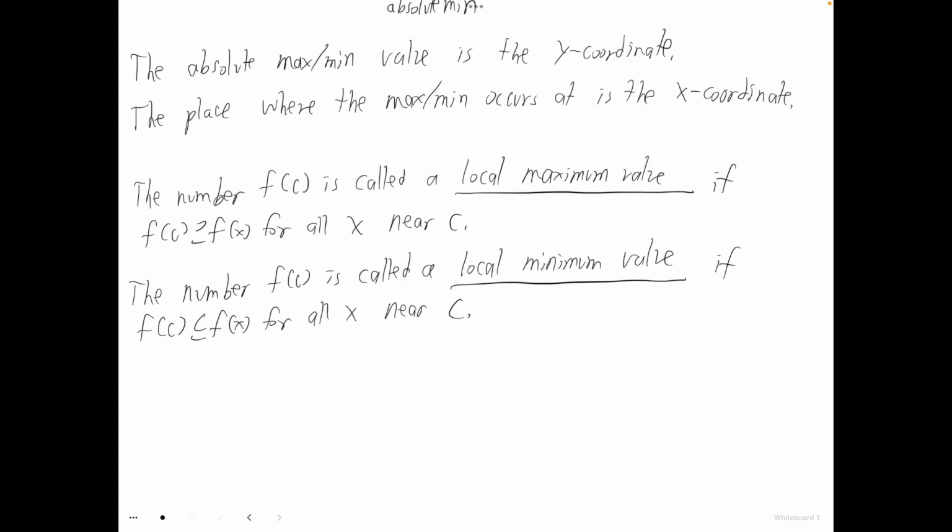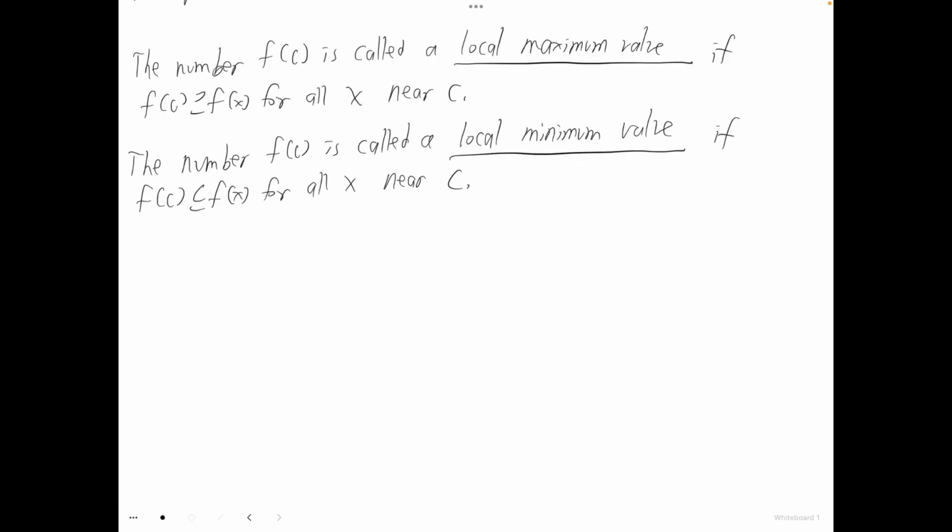So what this is saying is if you just take the points right around the value c, then the very largest point in that interval is a local max if it's bigger than everything else around it, and it's a local min if it's smaller than everything else around it.